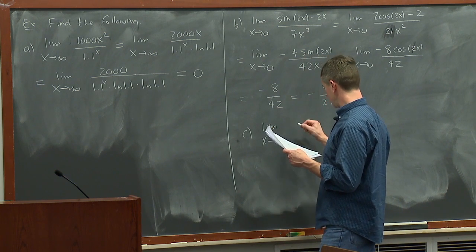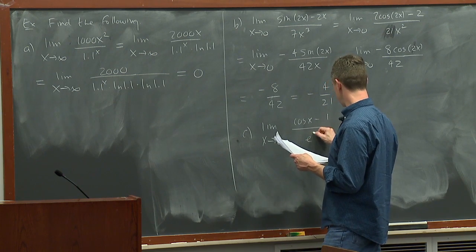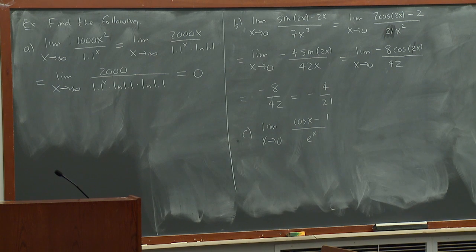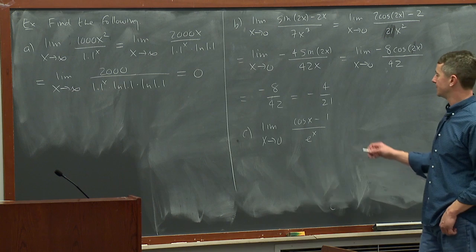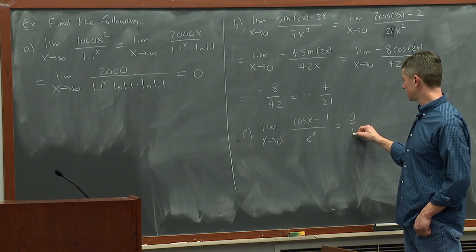X goes to 0, cos x minus 1 over e to the x. L'Hopital's rule? Top's going to what? 0. Bottom's going to 1. Could we use L'Hopital's rule if we felt like it?